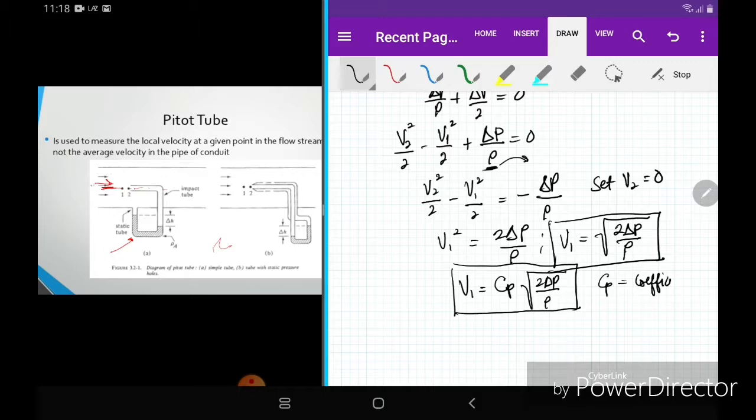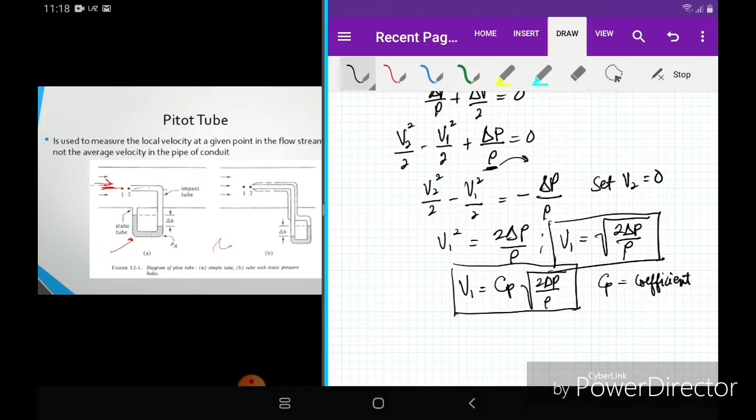Now, the value of the coefficient depends. Most of the time, it's from 0.98 to around 1.0, depending on the material or the device installed.